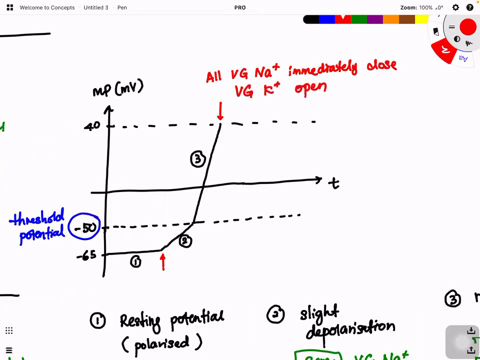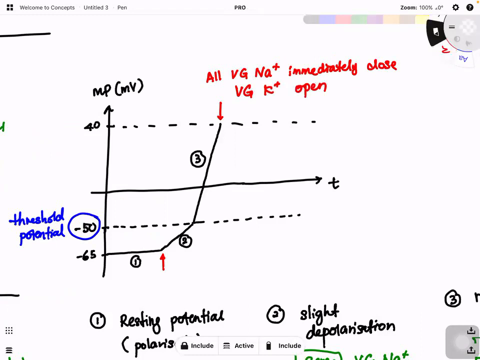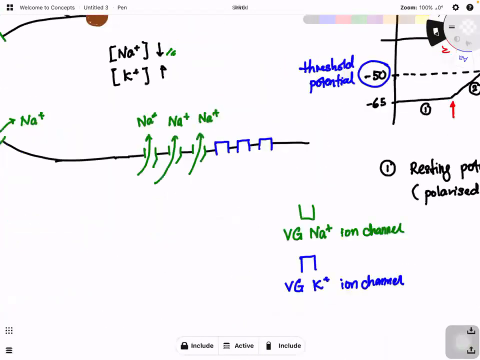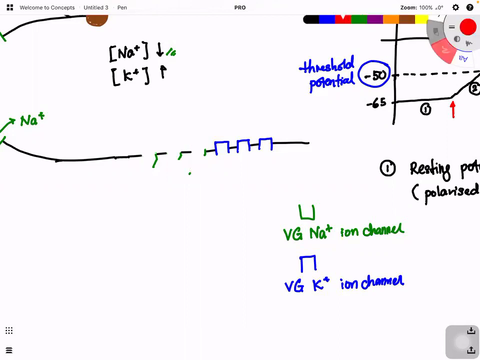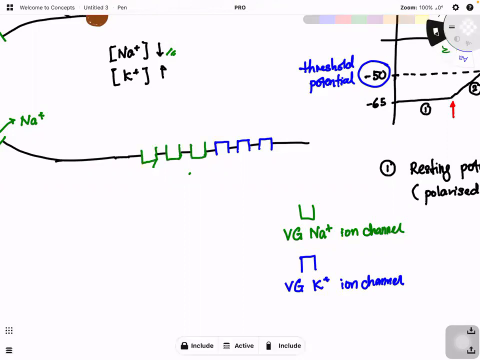Are you clear? So at positive 40, sodium ions cannot enter anymore, because the voltage gated sodium ion channels are all closed. At the same time, all voltage gated potassium ion channels now open.